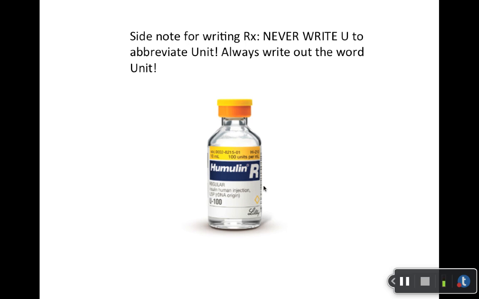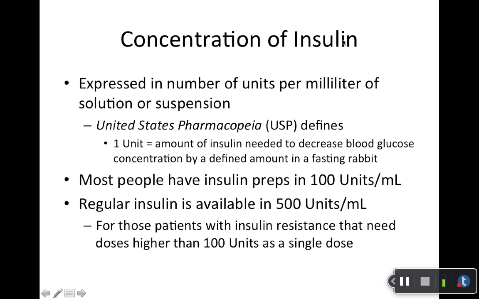With that note, it is considered bad practice to abbreviate units with a U. The reason is that if you wrote 100 units as 100 U, the U can unfortunately sometimes be mistaken for another zero. So instead of 10 units, the patient ends up getting 100 units, which can be very detrimental to the patient, with some bad adverse effects, which we'll talk about a little bit.